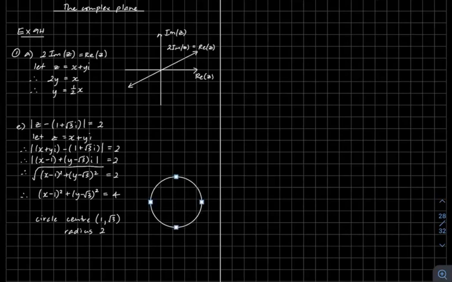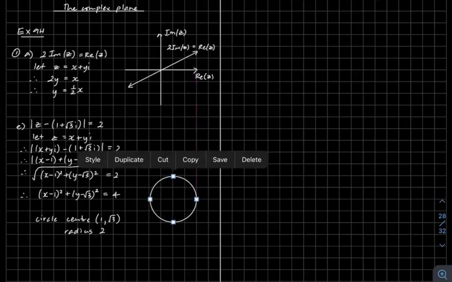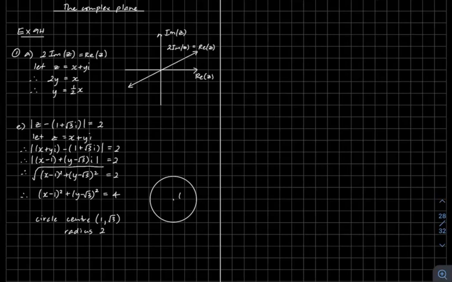Alright, let's center that here. Its center is the point 1 and root 3. So the imaginary axis should be 1 unit to the left of that, shouldn't it?